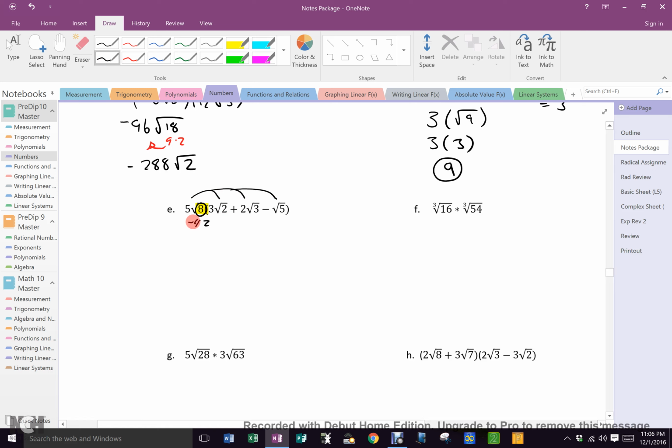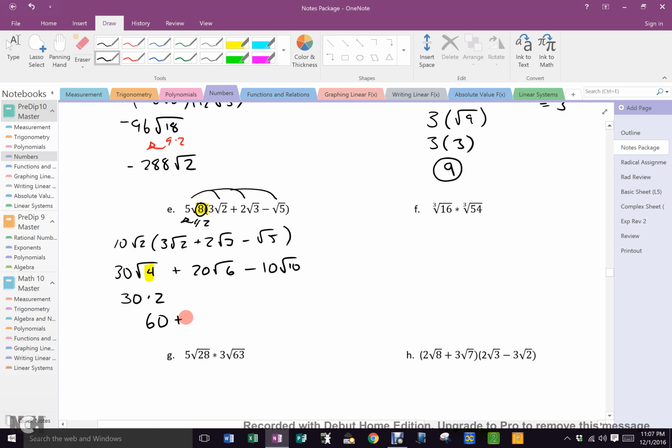That's 4 times 2, so out comes a 2. 10 root 2, 3 root 2, plus 2 root 3, minus root 5. 30 root 4, we know what to do with that, plus 20 root 6, minus 10 root 10. That's 30 times 2, which is 60, plus 20 root 6, minus 10 root 10.